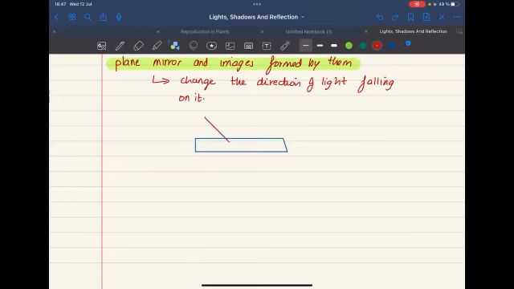The incident ray is basically the light that is directly coming. After touching the mirror, it moves in one direction. This is called the reflected ray.